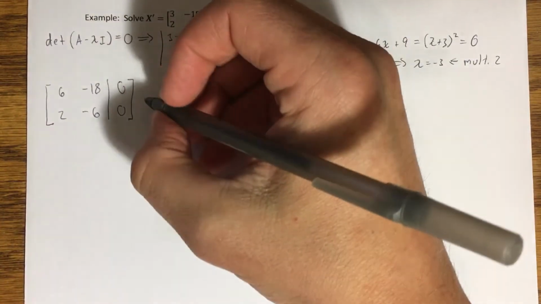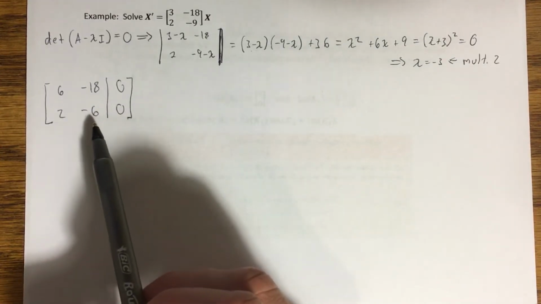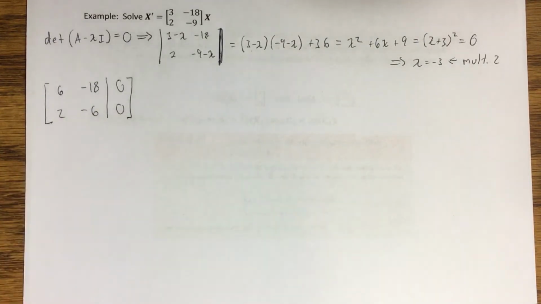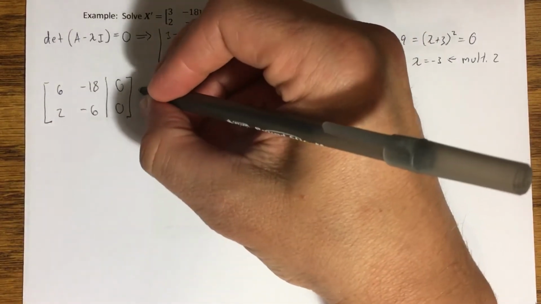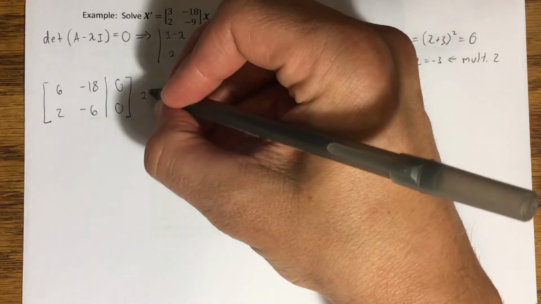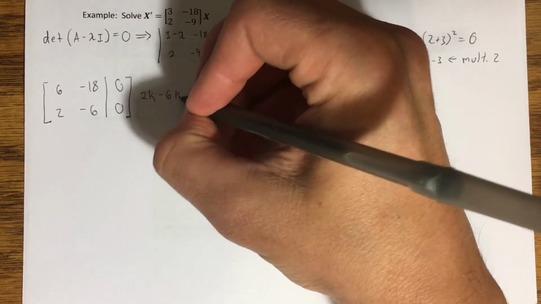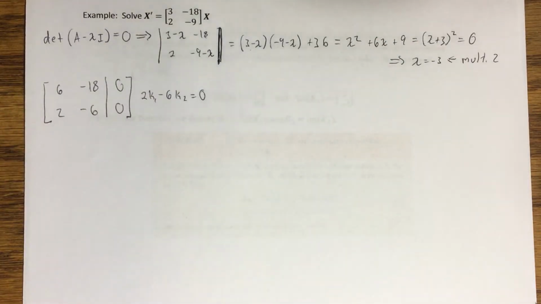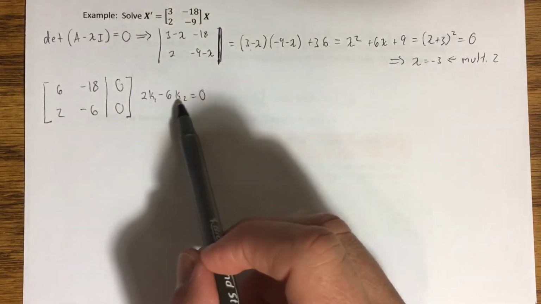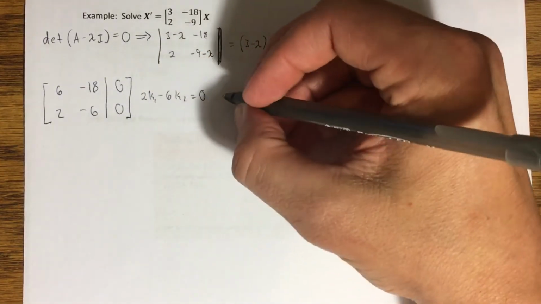Okay. Now, these two equations are going to end up being equivalent, so we're going to end up with infinitely many solutions like we have been. So I'm going to use this bottom equation. It's a little bit simpler. That bottom equation is the same thing as 2k1 minus 6k2 equals 0. Now I'm going to isolate the k1 here, so I can add that over, divide by 2.